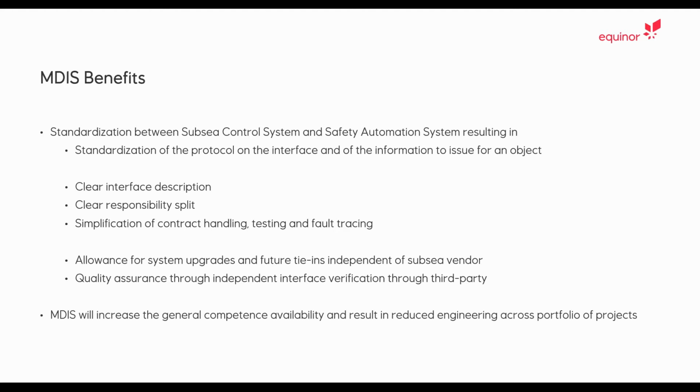So we see a simplification on the contract handling side, because the scope of work is clearly defined, which in the end also simplifies the testing and fault tracing if needed.